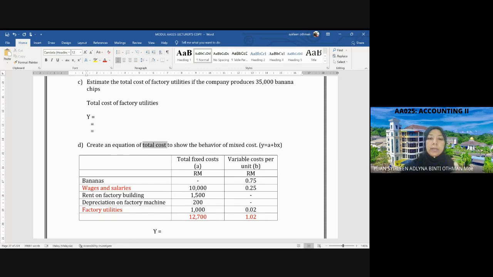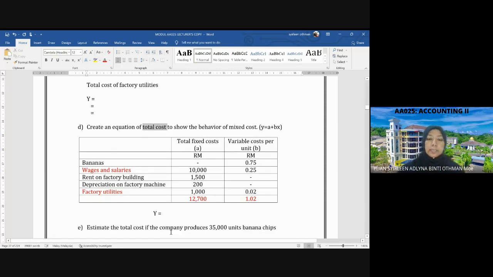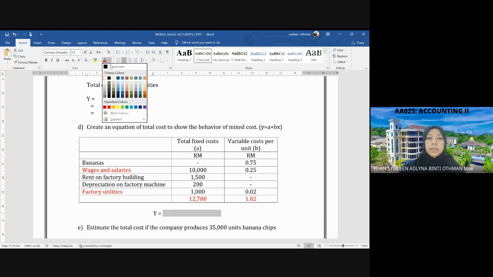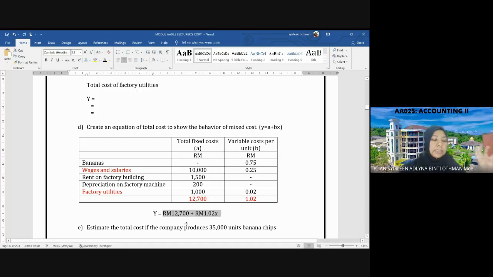Okay, so kalau saya nak form the cost equation, I am going to use 12,700 sebagai A, RM1.02 ni sebagai B. So my cost equation is RM12,700 plus RM1.02 X. Ini ialah my cost equation for the whole production untuk keluarkan keripik pisang tadi, the banana chips.